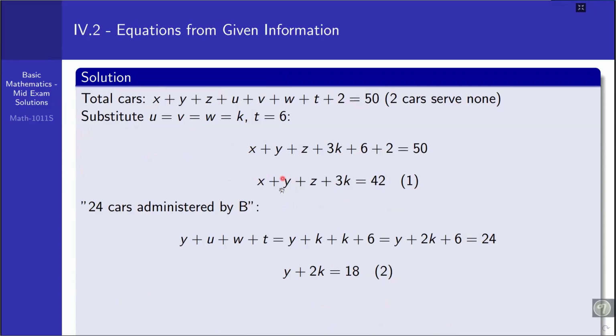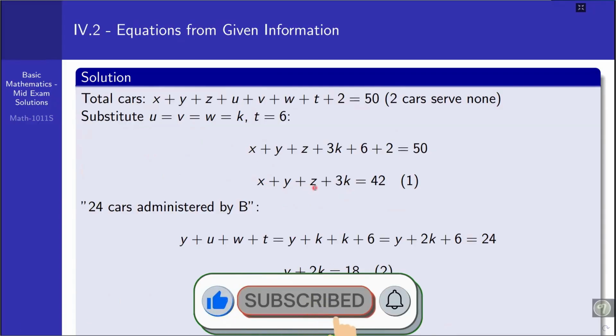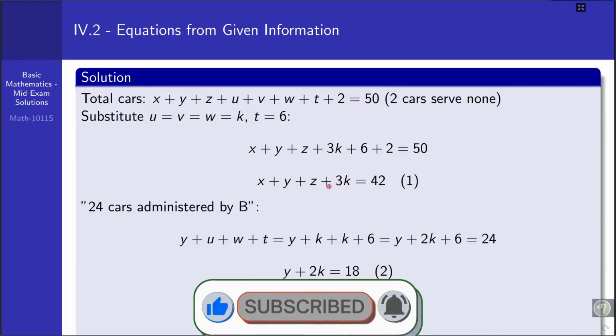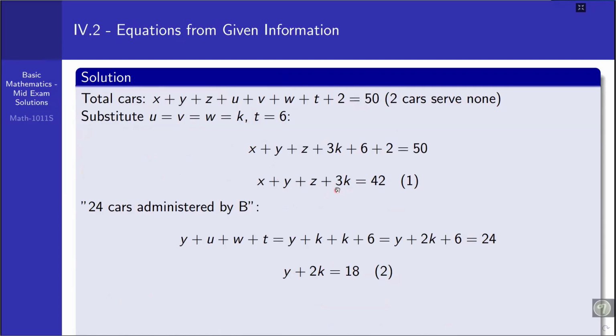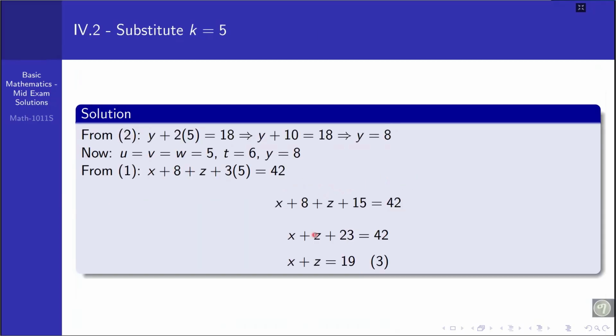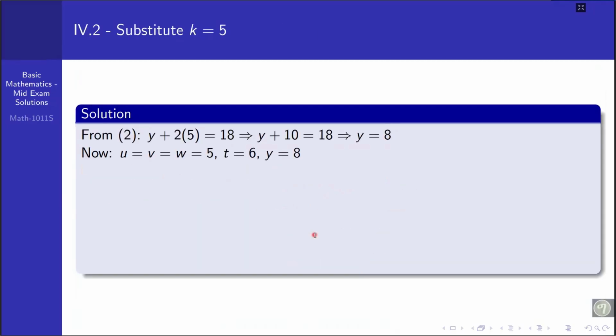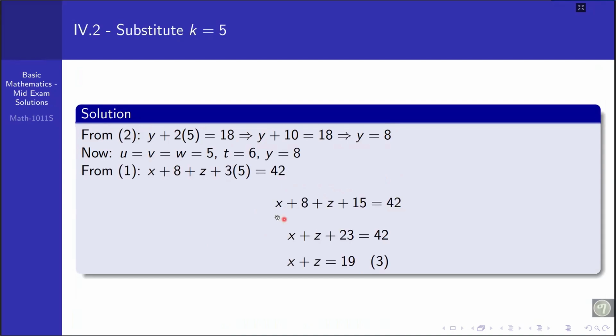We already obtained Y to be 8 and K is 5, while X and Z are unknown. Substituting these values, we obtain X plus 8 plus Z plus 3 times 5 is equal to 42.